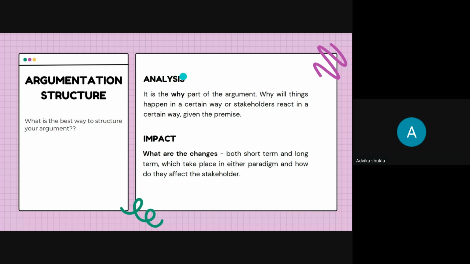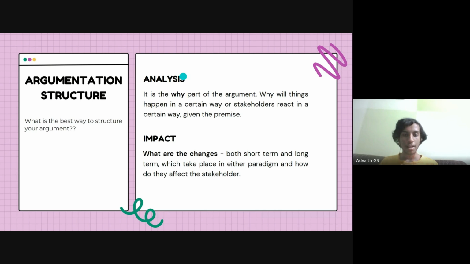So can you please tell the meaning of paradigm? Okay, paradigm. Paradigm basically means world or side, right? Paradigm means a side of a debate wherein they're trying to propose a specific world to happen. They're saying that this specific thing should happen, and that world is a paradigm.